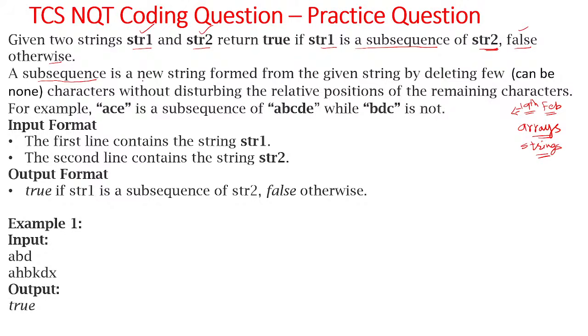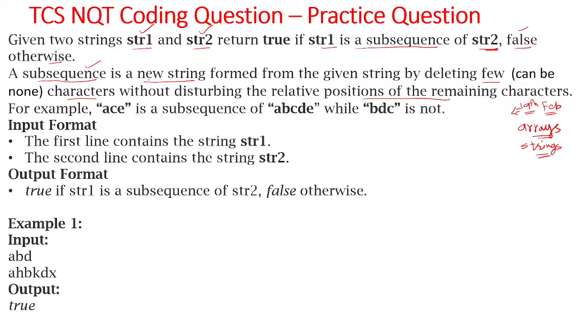A subsequence is a new string formed from the given string by deleting a few characters, can be none sometimes, without disturbing the relative positions of the remaining characters. That new string formed is called a subsequence.